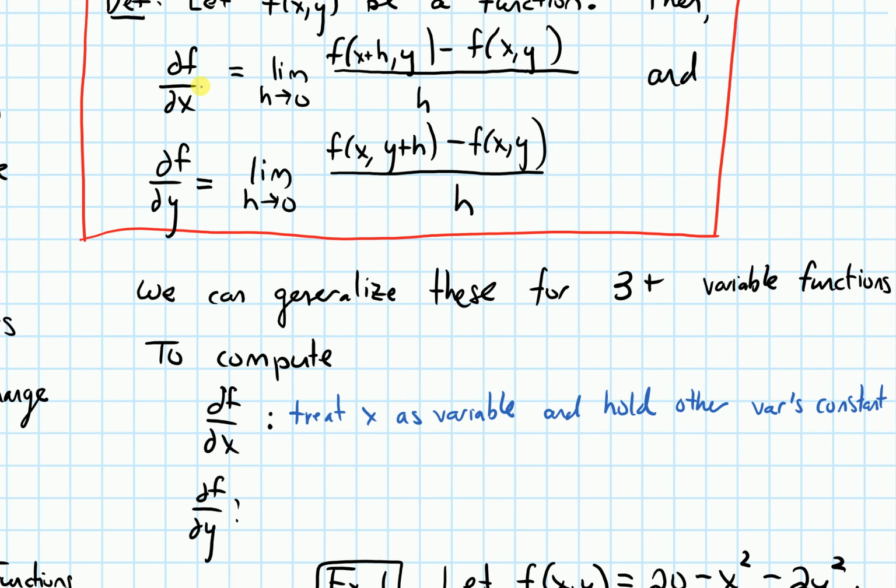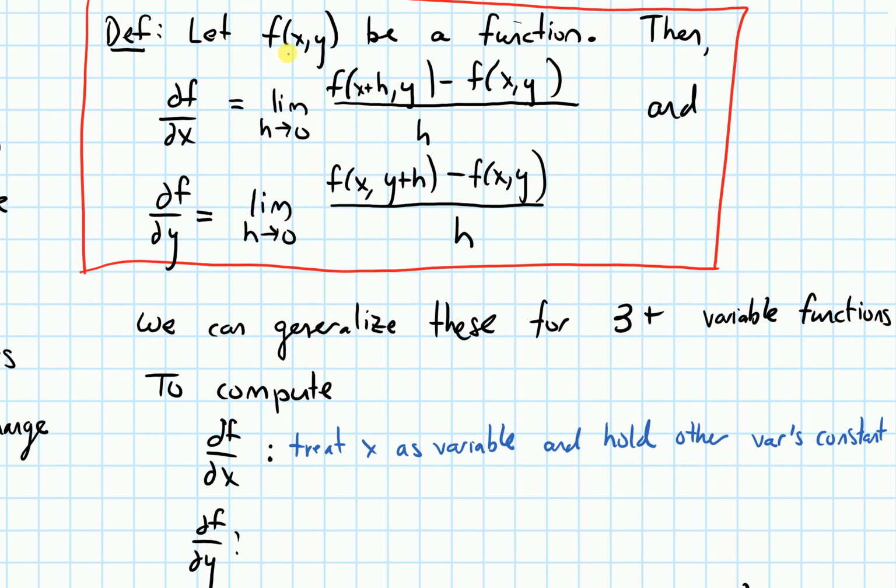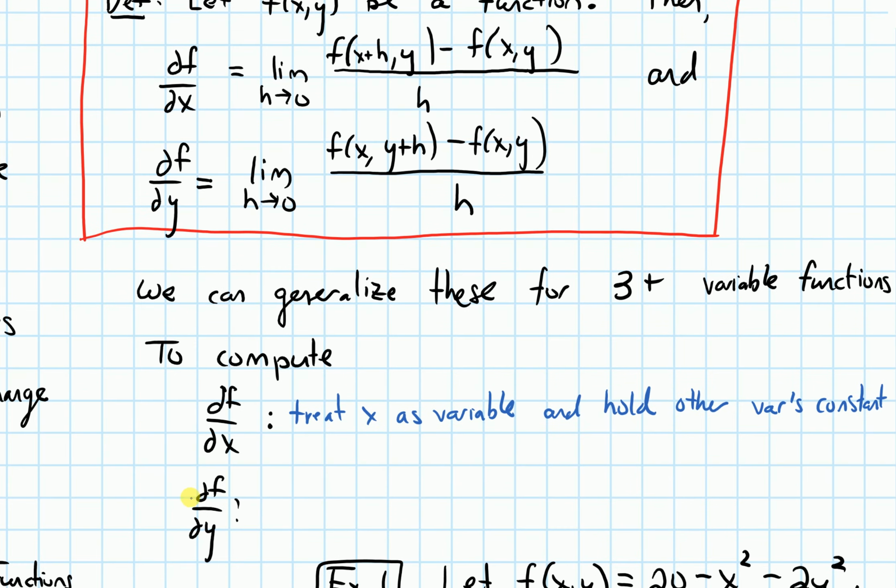So if I have a 2-variable function, as we did up here in this definition, I would just be holding the y constant when I find the x partial derivative. Similarly, if I want to find the partial with respect to y, we would treat y as a variable and hold any other variables constant.